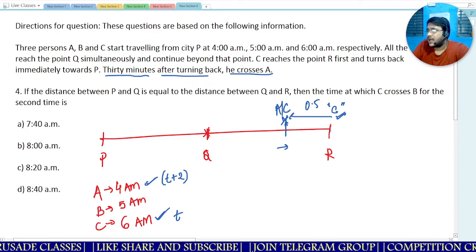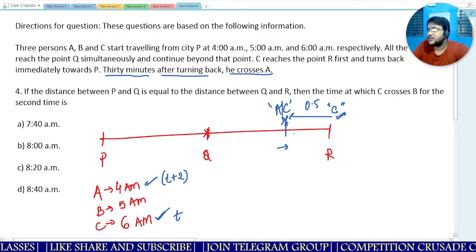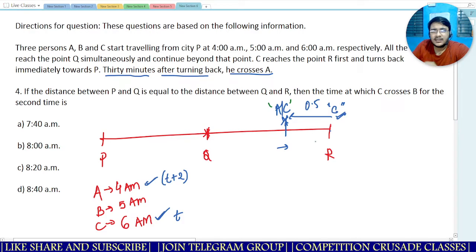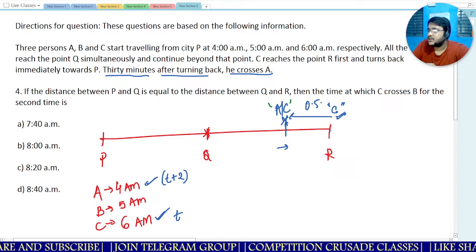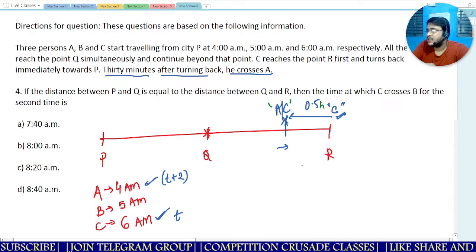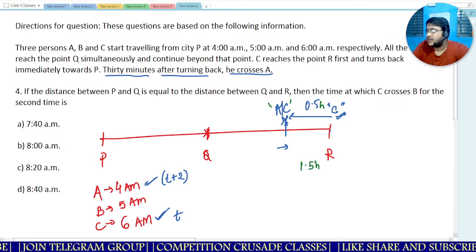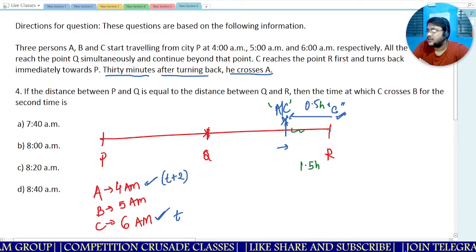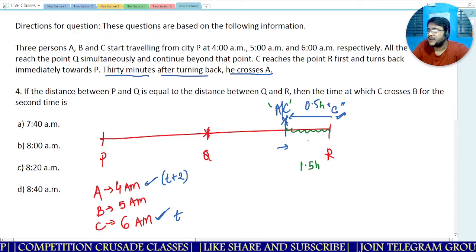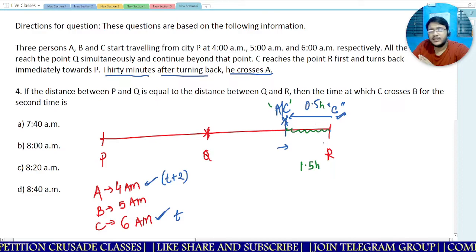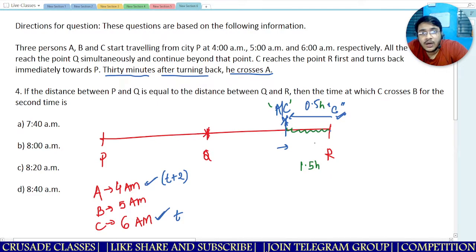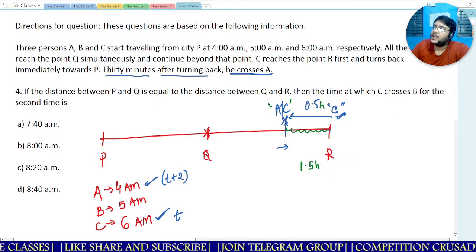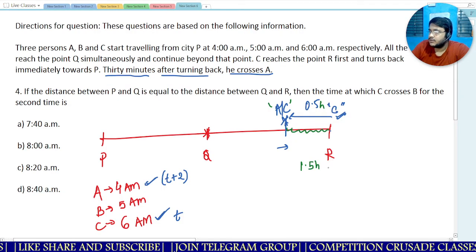Now I know that A and C meet at this position, and 0.5 hours has been done by C. So 1.5 hours will be the time that A takes to cover this distance. Effectively this distance C has covered in 0.5 hours, and there's a 2 hour gap between A and C, so A will take 1.5 hours to clear this.